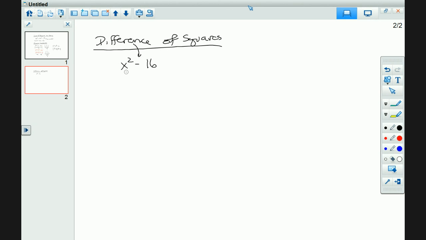The difference is subtraction, and are these both squares? Yeah, is this 4 squared, right? An easy way to factor these is just a straight algorithm. Done.